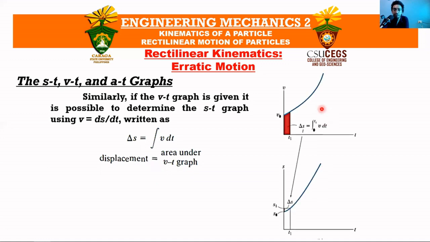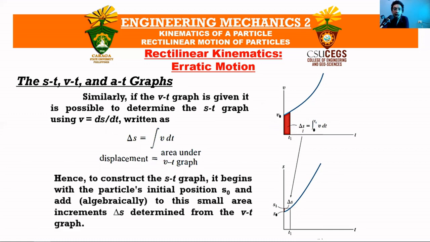So if this is your VT graph, you can construct the ST graph from the VT graph using this kinematic equation. Hence, to construct the ST graph, it begins with the particle's initial position S0 and adds algebraically the small area increments delta S determined from the VT graph.